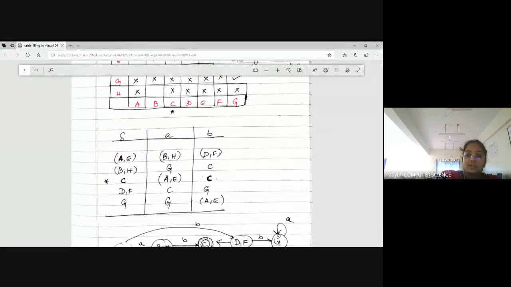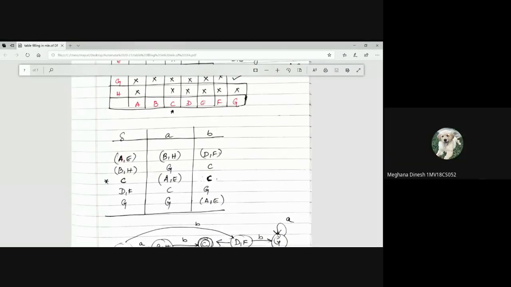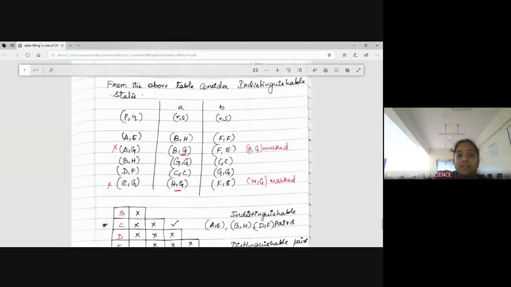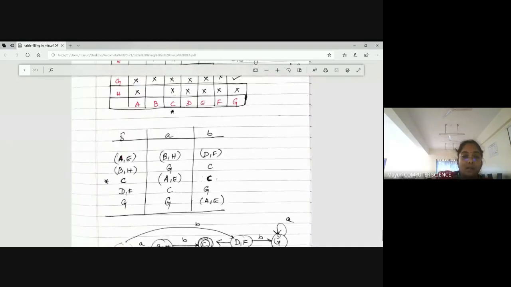So the next one is AG. On A, it's going to BG, right? Do you have a state called BG? No. But I have a state called G. So I will write G.